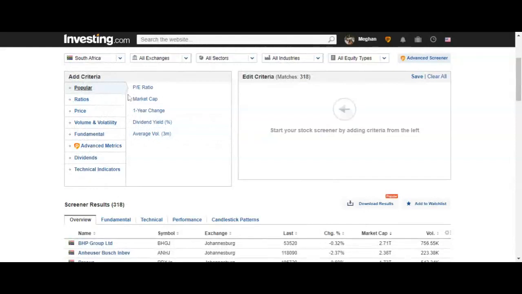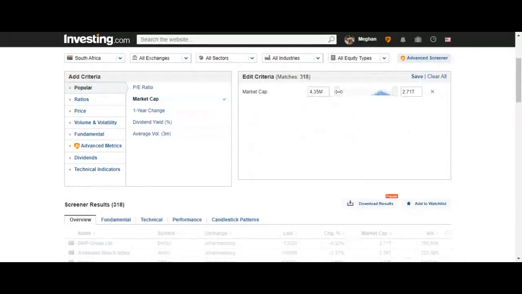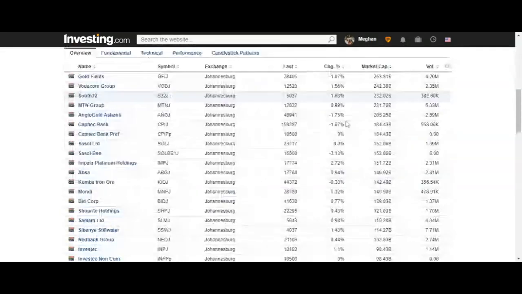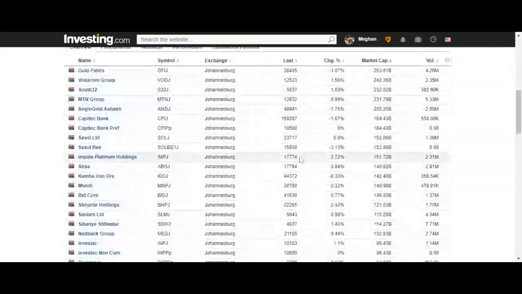But let's say, for example, you didn't want to buy a share that was smaller than, let's say, R1 billion. You wanted to make sure that you got companies that were of scale in your portfolio. You could then filter these down automatically. So all of these companies are larger than R1 billion.